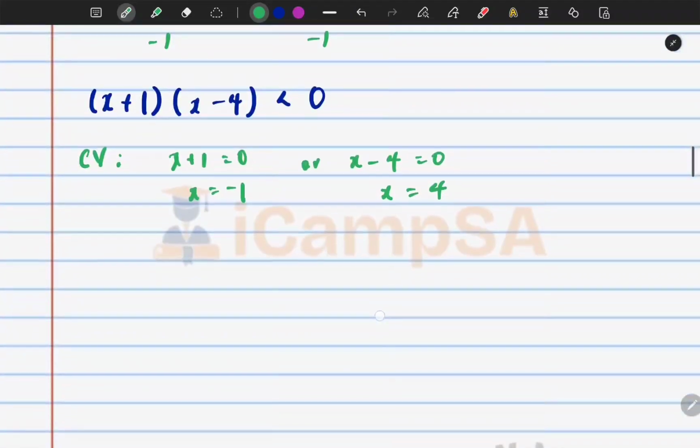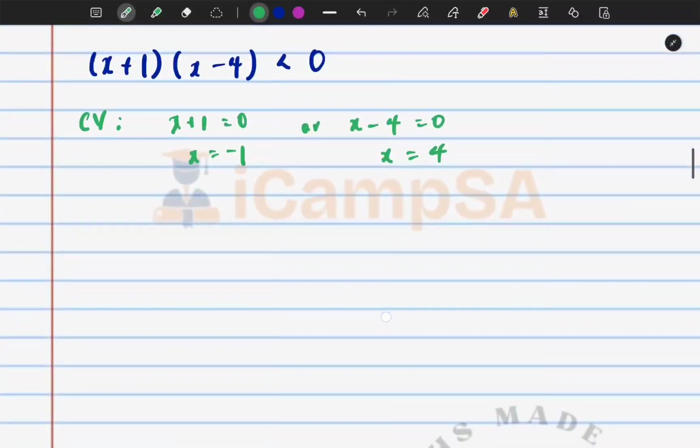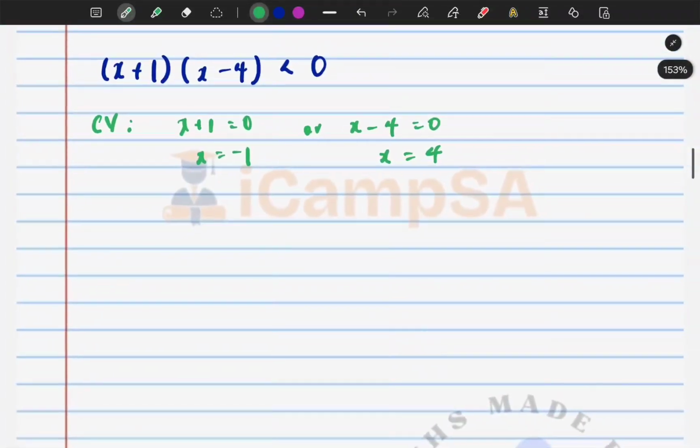And then I'm going to use a graph method. I think now you should be able to understand graph methods. It's also going to help you when you move on to the next chapter, which is functions, right? So it's going to help you a lot with functions.